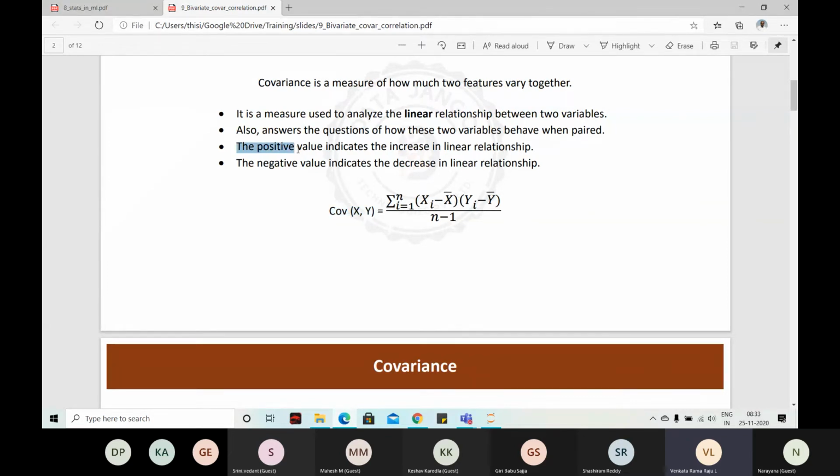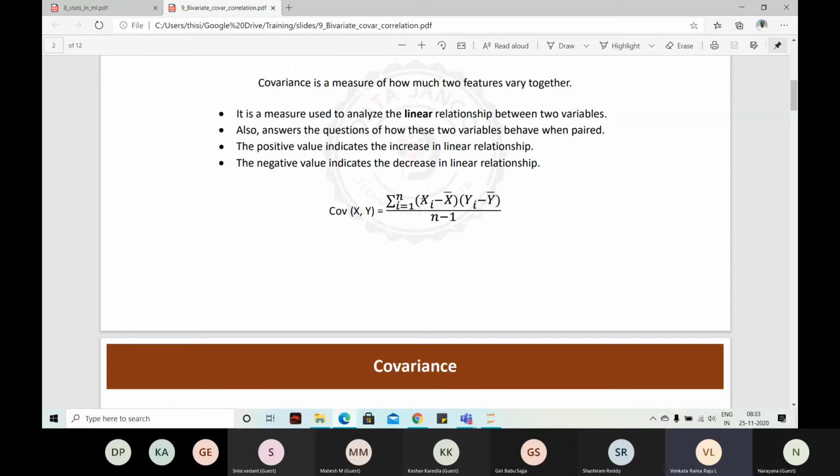A positive value indicates an increasing linear relationship. That means if one is increasing, the other will also increase. I generally take this example: petrol prices increase, or crude oil prices increase, and all commodity prices increase. That is a positive relationship.